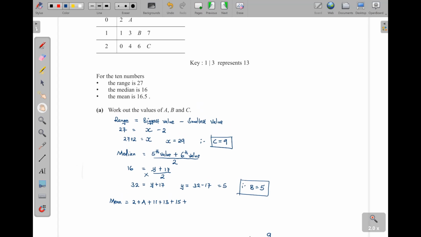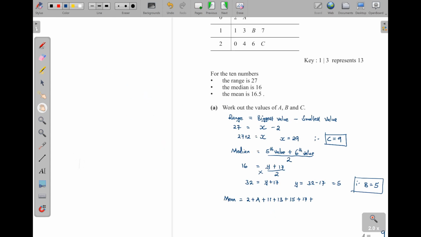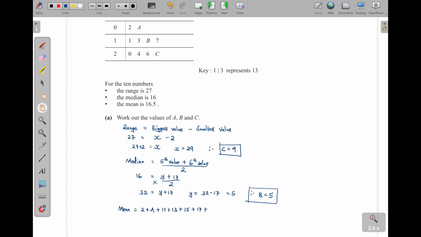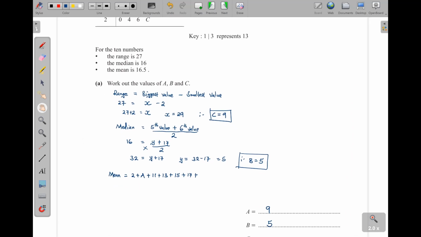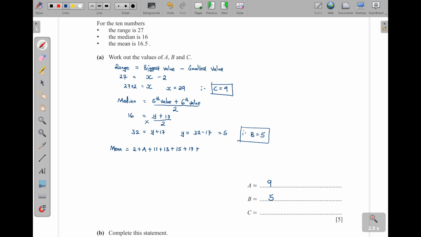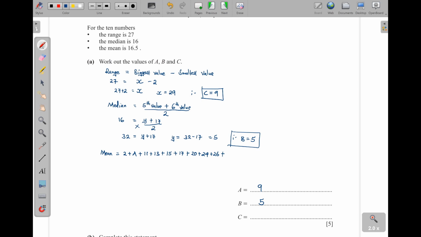And then plus 17, then plus 20, 24, 26. And then the last one here is C, which we got as a 9, so that is 29.